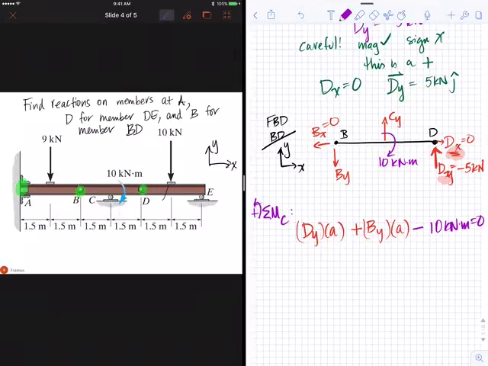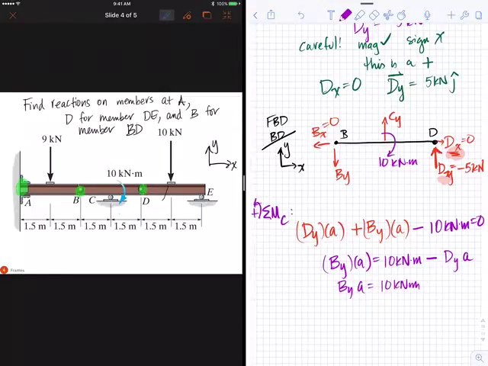Now I'm just going to substitute in. Let's go ahead and solve for this in terms of By. So By times A is equal to 10 kilonewton meters minus whatever dy times A is. So By A is equal to 10 kilonewton meters minus, and we found that dy is equal to minus 5 kilonewtons times A. So hopefully that's clear.